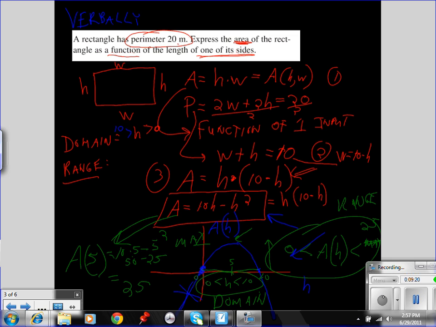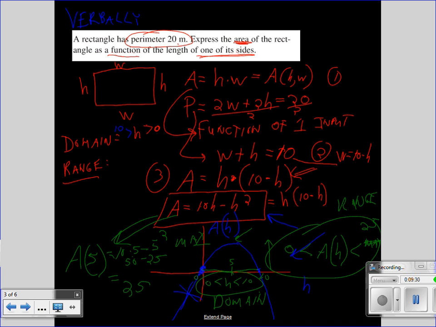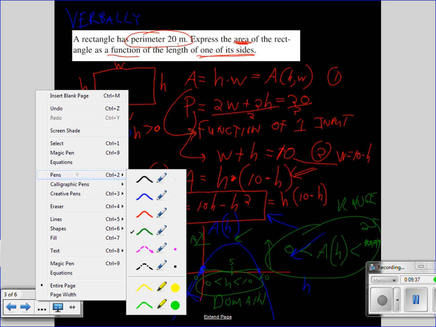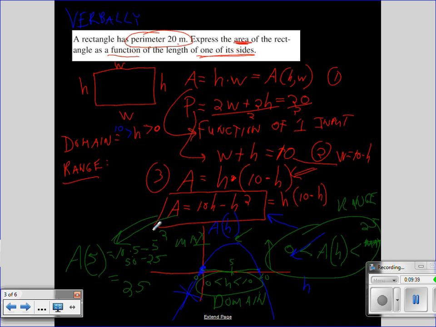Okay, so my verbal description of a function got a little more involved than I initially intended, but again, a lot of good things going on here. We went from a verbal description to an algebraic description right here. To a graphical description right here. We used the graphical description, really helped me kind of see what the domain and range was.